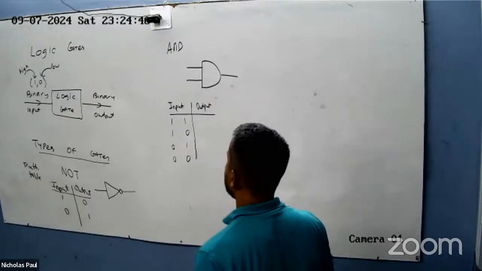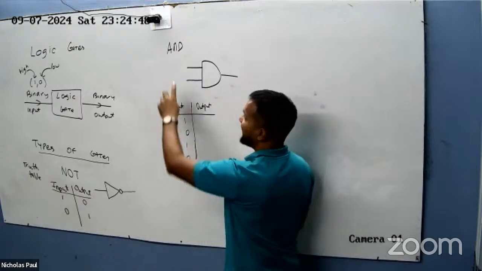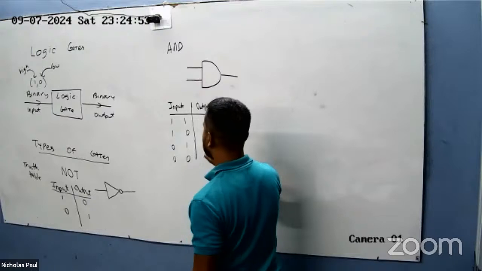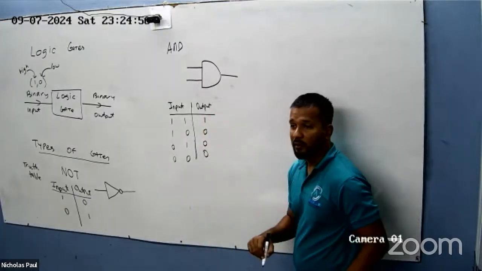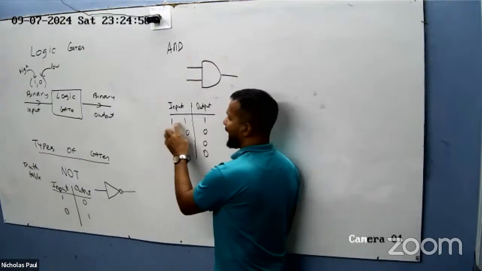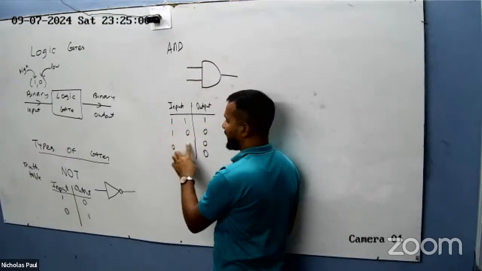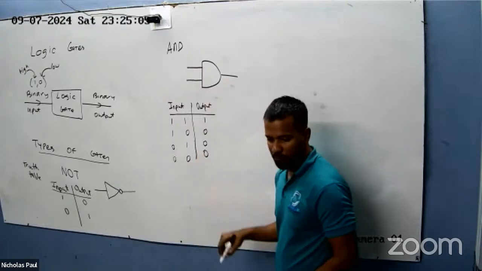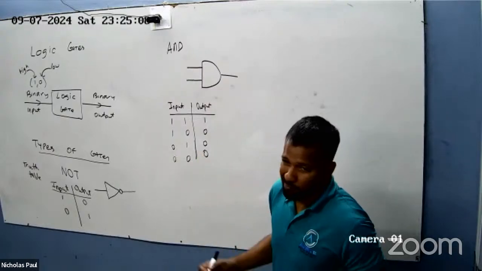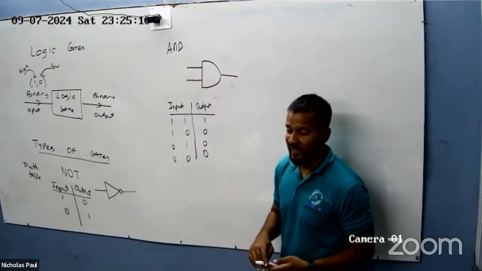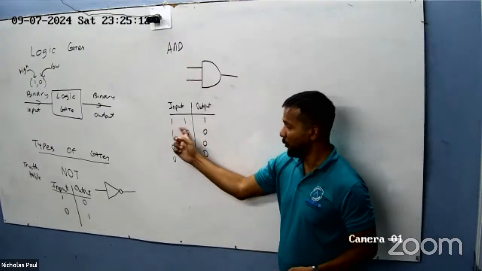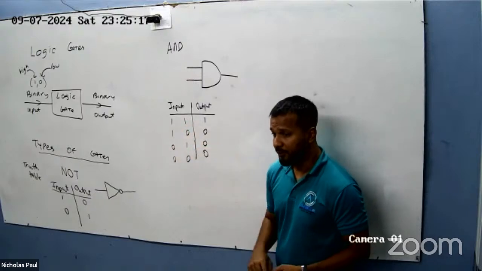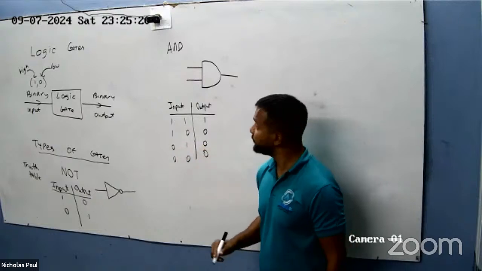So what would the output be? Keyword is AND. A 1 and a 1 giving you a 1, everything else is 0. So that's the way to remember it. A 1 and a 1 giving you a 1, everything else gives an output of 0. Okay with that? You gotta learn it. But that's the way it's designed to work. It's designed to give you a 1 when you have two ones. Once you have a 0, you get back a 0. All right? A 0 will always give you back a 0.